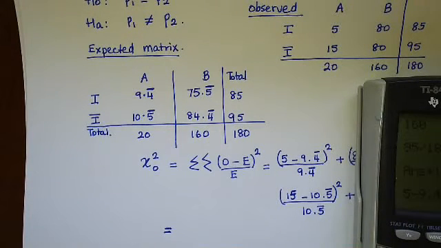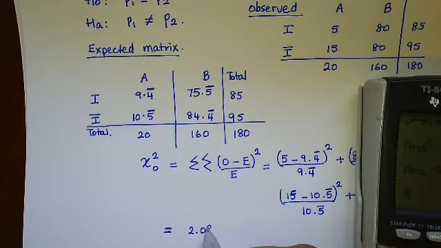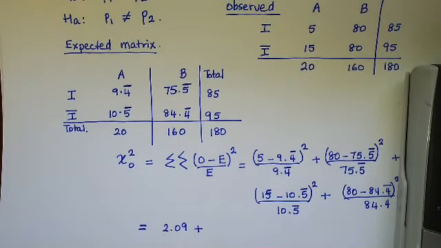So 5 minus 9.4, square it and divide by 9.4 repeating: 2.09.